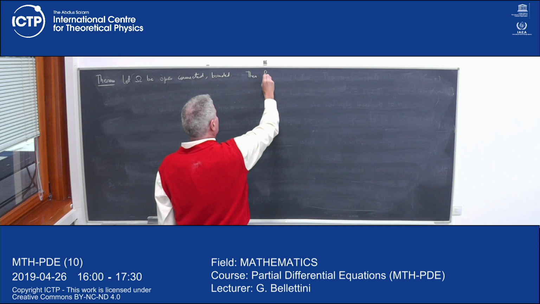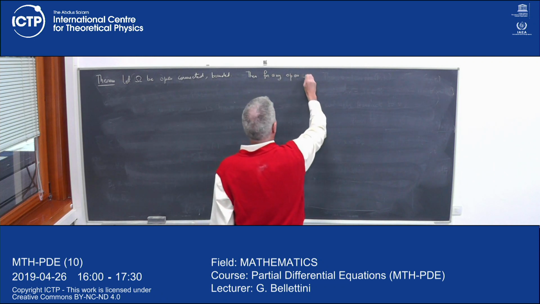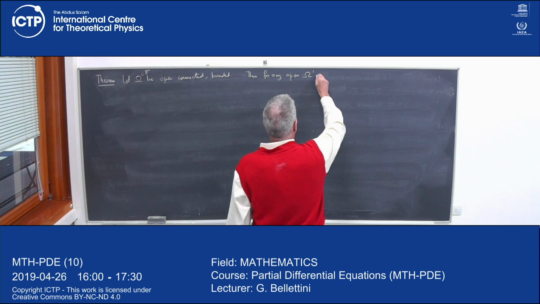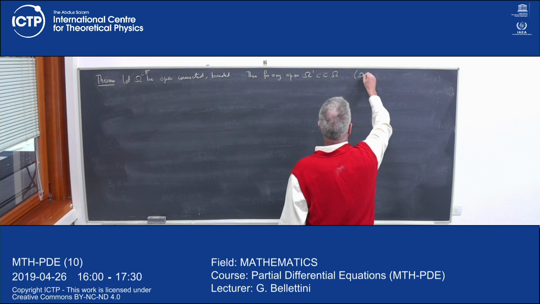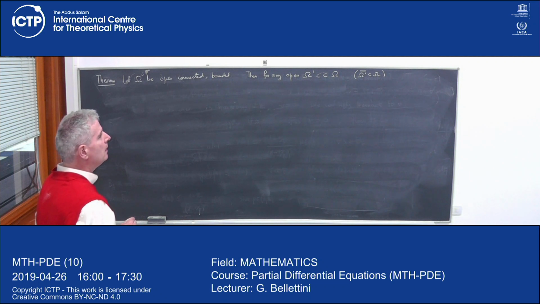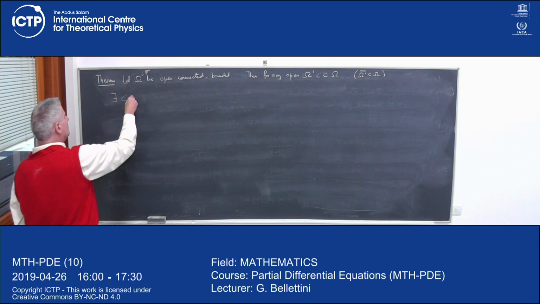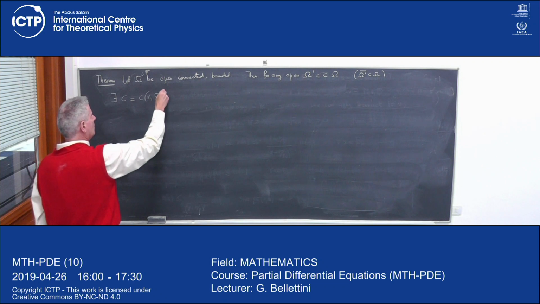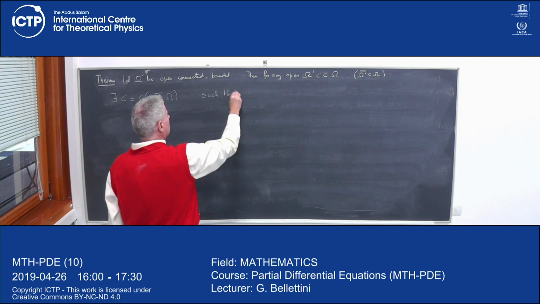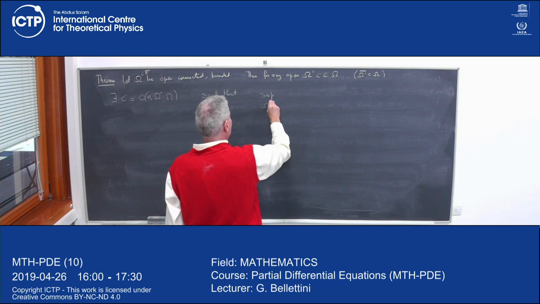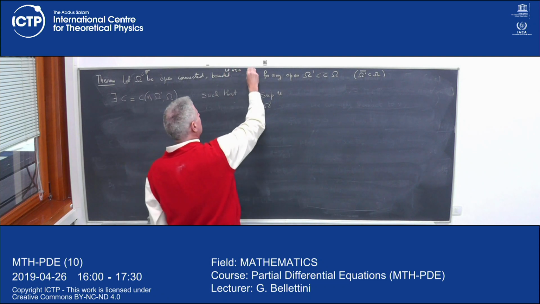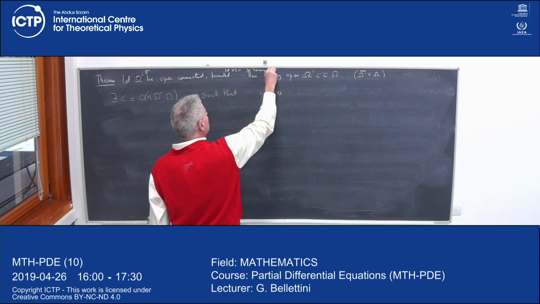Then for any open omega prime, the closure of which, remember that this means simply this, and for any open omega prime strictly contained in omega, there exists a constant depending on n, omega prime and omega, such that, let u larger or equal than 0 be harmonic in omega.